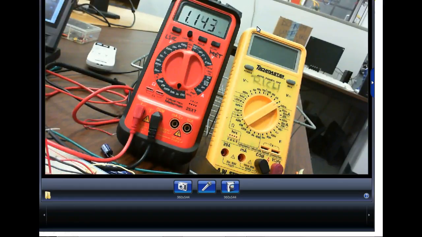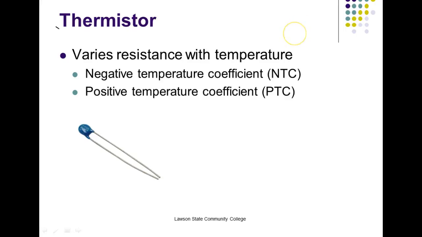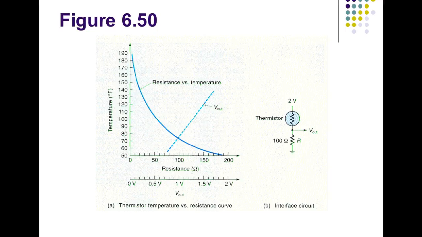So we use these guys all the time to measure temperature, right? The only problem we have is that they're not linear. What does linear mean? Yeah, so a linear device would mean that its output varies with a straight line. This guy here has what we call an exponential curve.